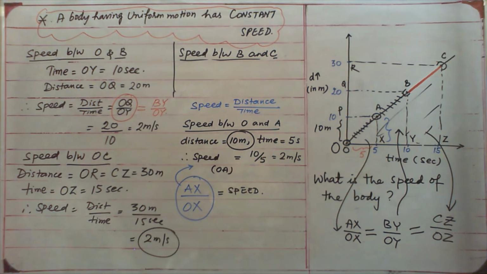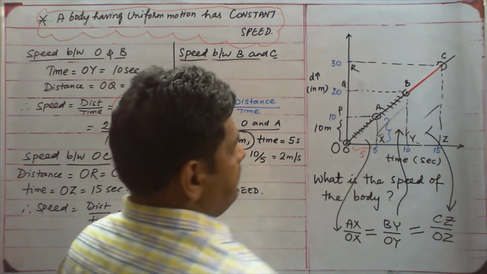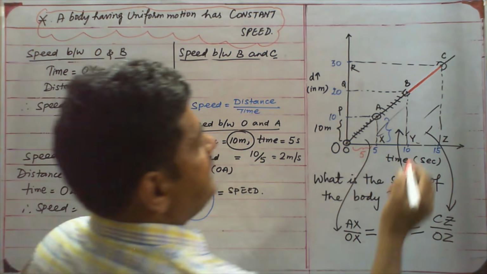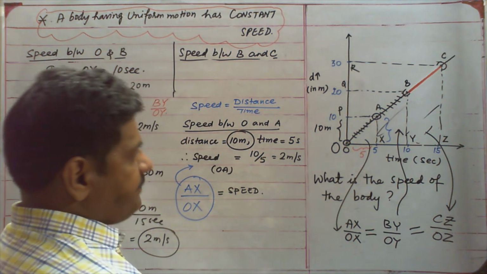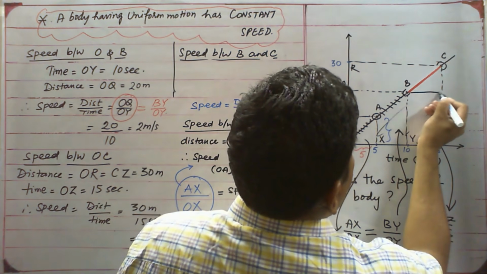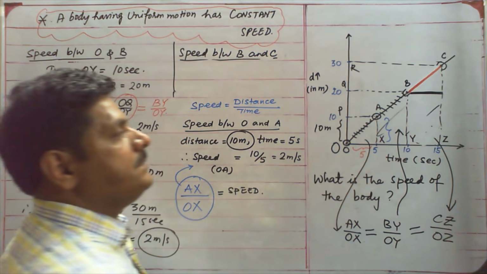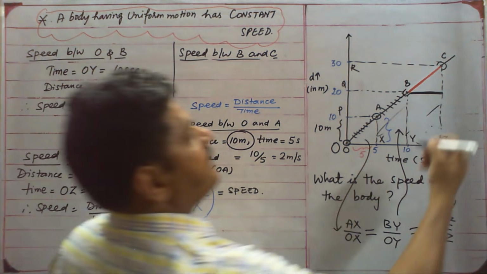So what do I do? In between these 2 points, let us say this is point B and this is point D, I complete a triangle first. I complete a triangle here by drawing the lines.